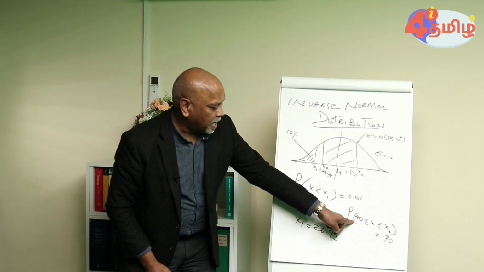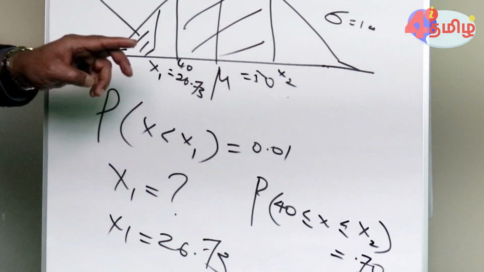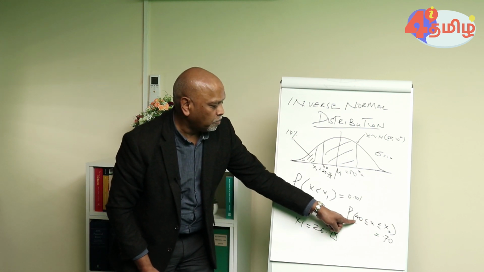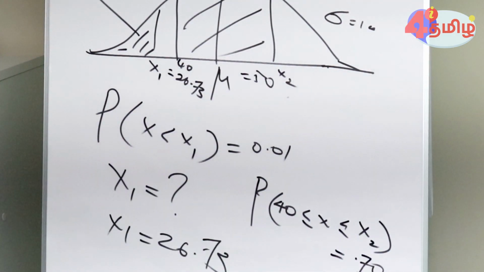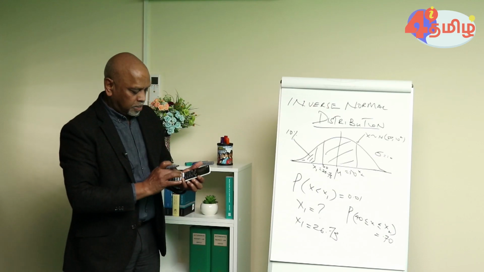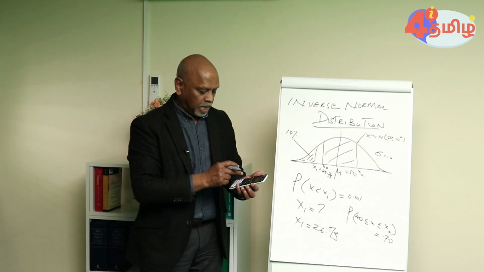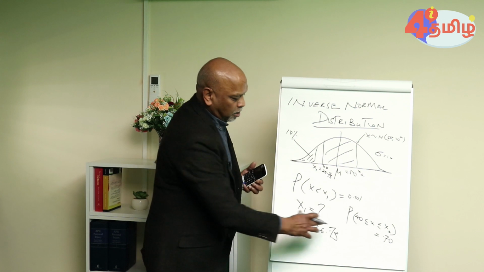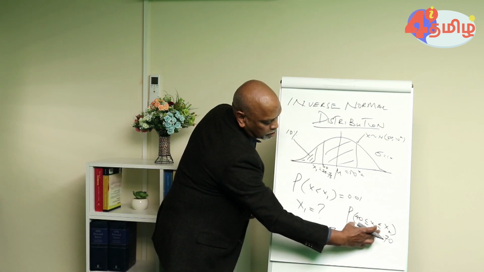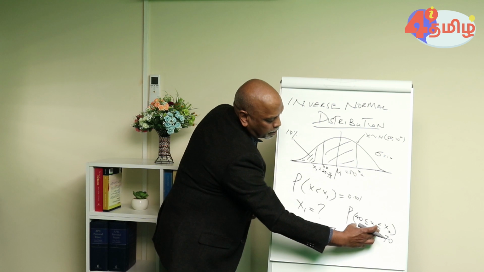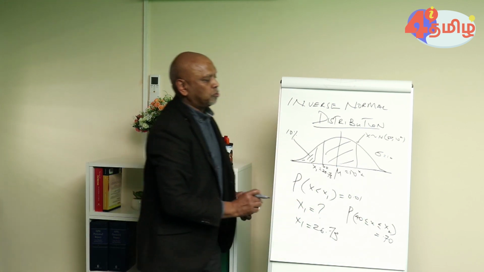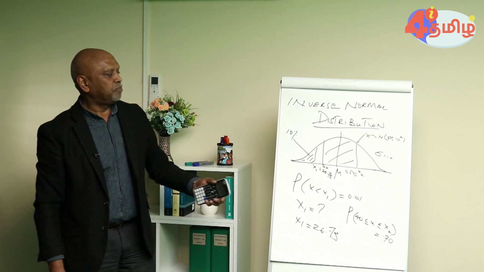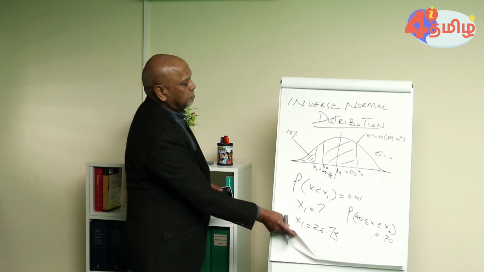Then you have to calculate the inverse normal to find x2. One value is known, but we don't know the upper value. When you use option 2 to calculate normal distribution, we can't do it. Even with inverse, we can't do it, because of the way the calculator has been created. We cannot find x2 directly, so we need to split it into two different parts in order to find x2. Let me go through that.